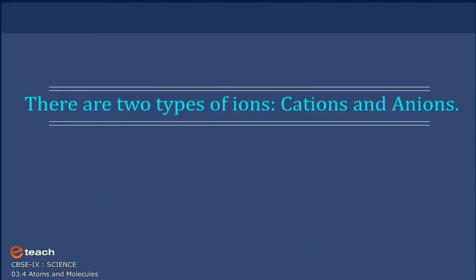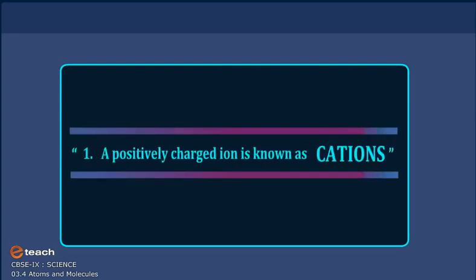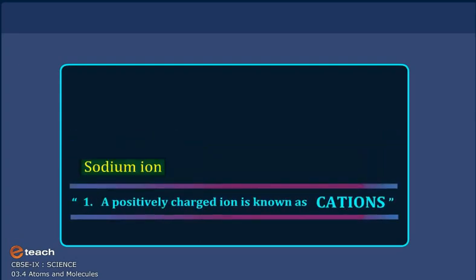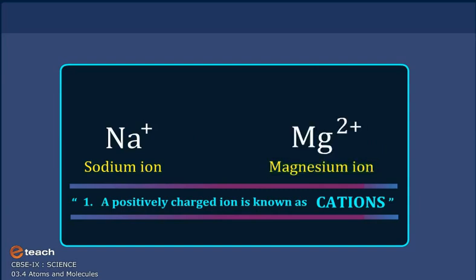There are two types of ions: cations and anions. A positively charged ion is known as a cation. Sodium ion, Na+, and magnesium ion, Mg2+, are cations because they are positively charged ions.